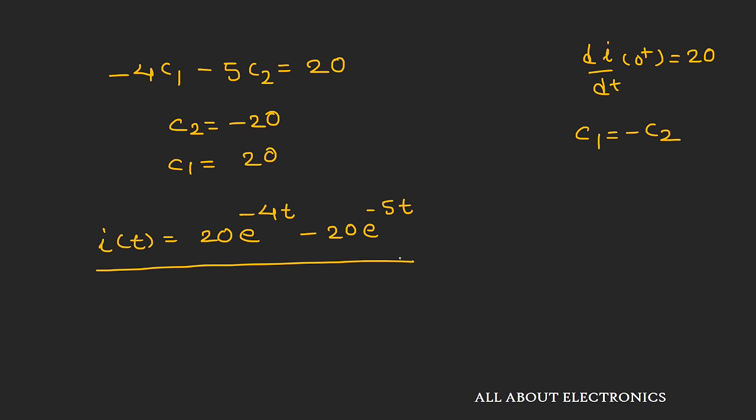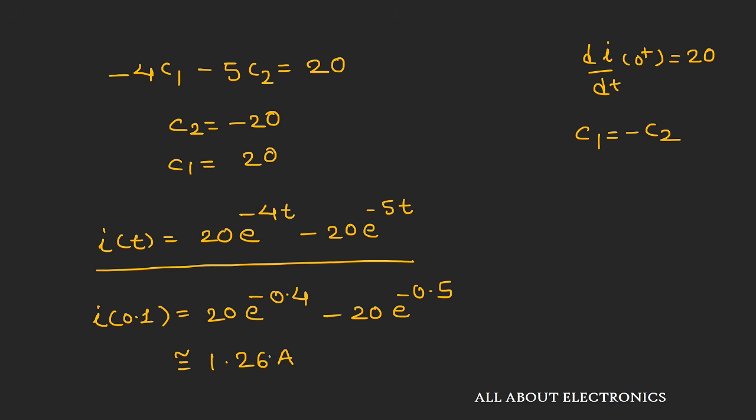Now we have been asked to find the value of this current i at time 0.1 second. So for that, let's put the value of t inside this equation as 0.1. So we will get 20 into e to the power minus 0.4 minus 20 into e to the power minus 0.5. And if we calculate the value, then we will get roughly 1.26 ampere. So this will be the current that is flowing through the circuit at time t equal to 0.1 second.